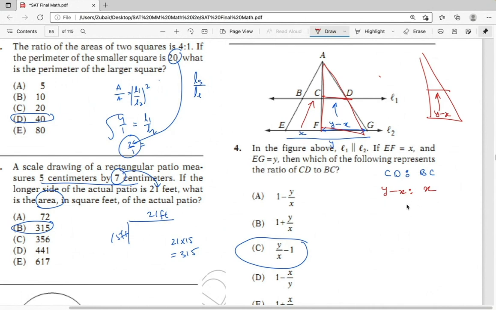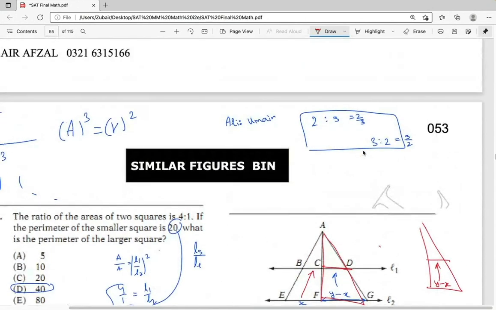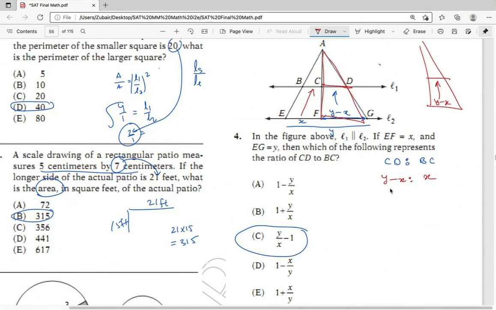Now you cannot see such options, so I'm going to convert this ratio into division, or I'm going to divide them both by x. In ratio we can either multiply or divide. So y minus x by x, ratio x by x. On the right-hand side I'm getting 1, that is y over x minus 1.